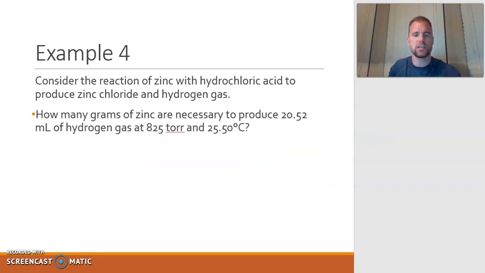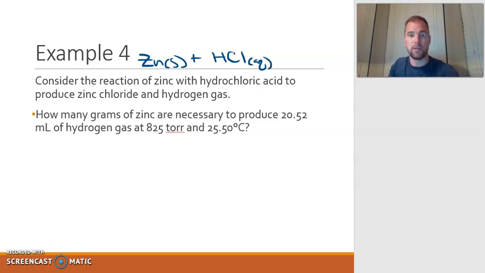Okay, so let's look at example 4. Consider the reaction of zinc with hydrochloric acid to produce zinc chloride and hydrogen gas. All right, so before we look at the problem itself with all the numbers, let's write out a chemical reaction for that. So a little bit of practice still with making sure you know how to write chemical equations. So zinc, solid zinc, is reacting with hydrochloric acid, HCl, aqueous.